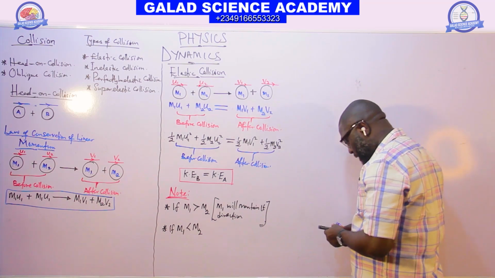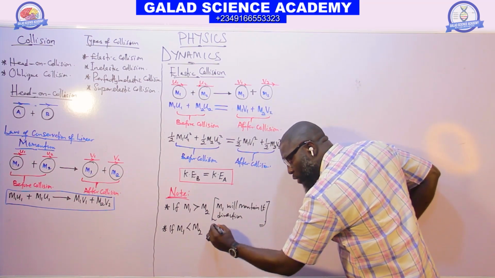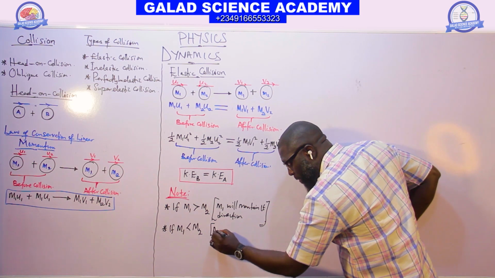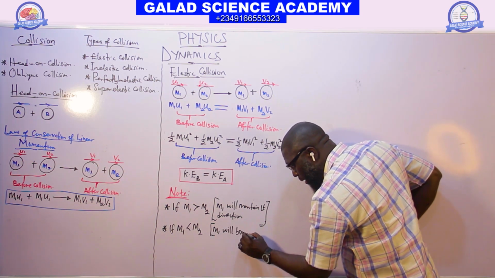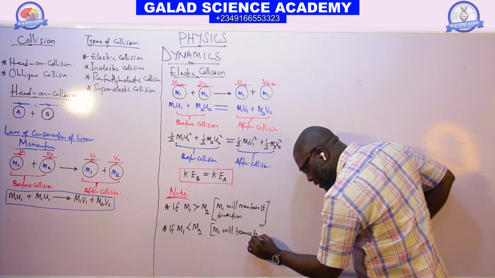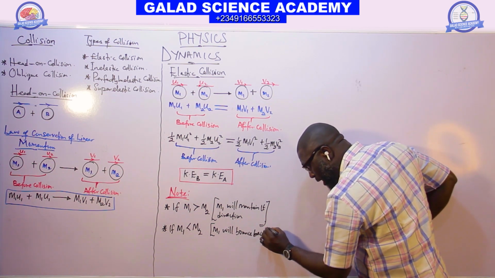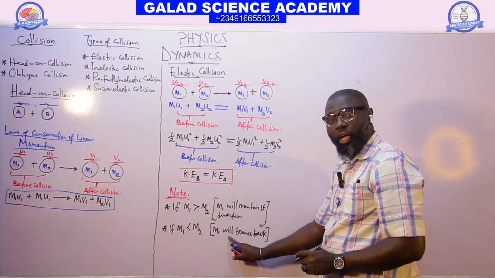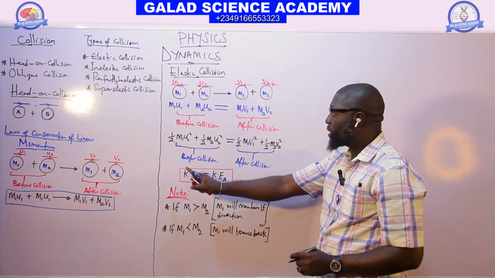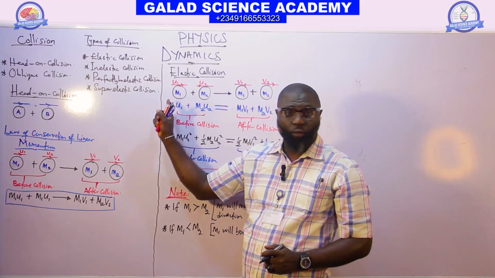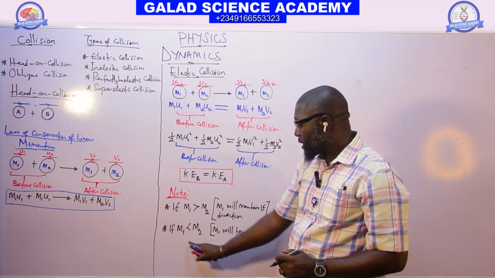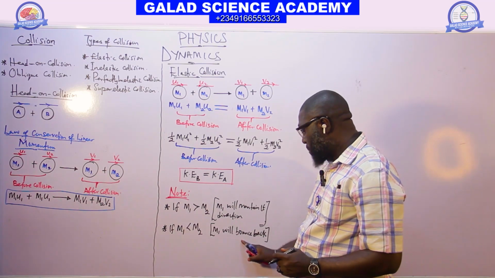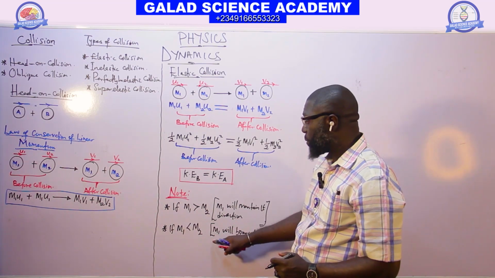Observe that the mass M1 will bounce back and move in the opposite direction. If the mass of the colliding body M1 is less than the mass M2, M1 will bounce back.